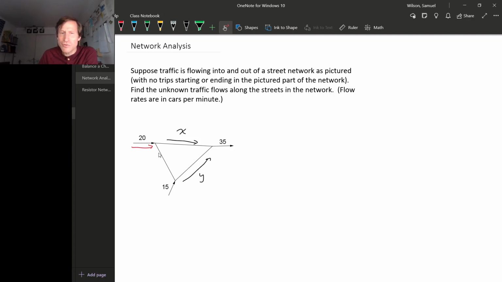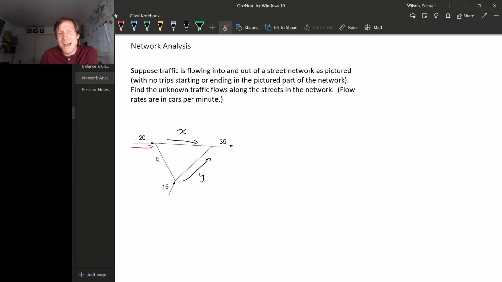But for this third road, we actually don't know which way the net flow of traffic is going to go. We don't know if it's going to be flowing upwards or downwards. I should say that all of these traffic flows are net flows, right? In general, you could have traffic flowing both ways. So this is net traffic.